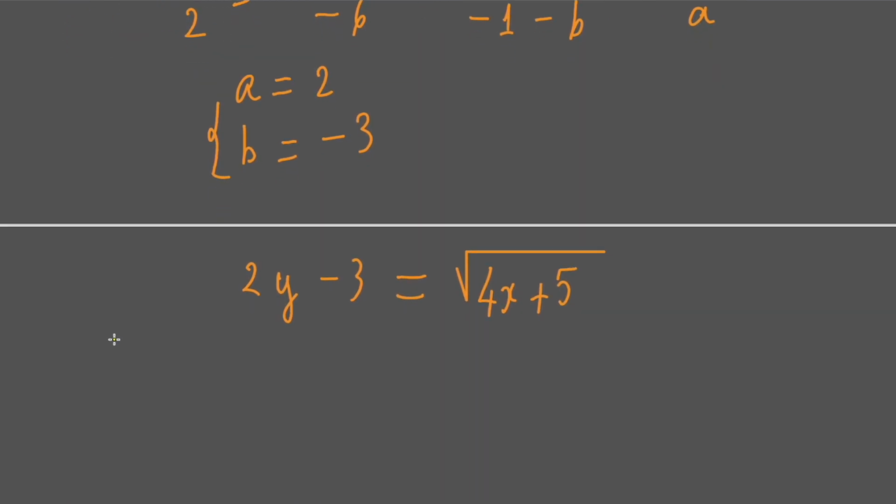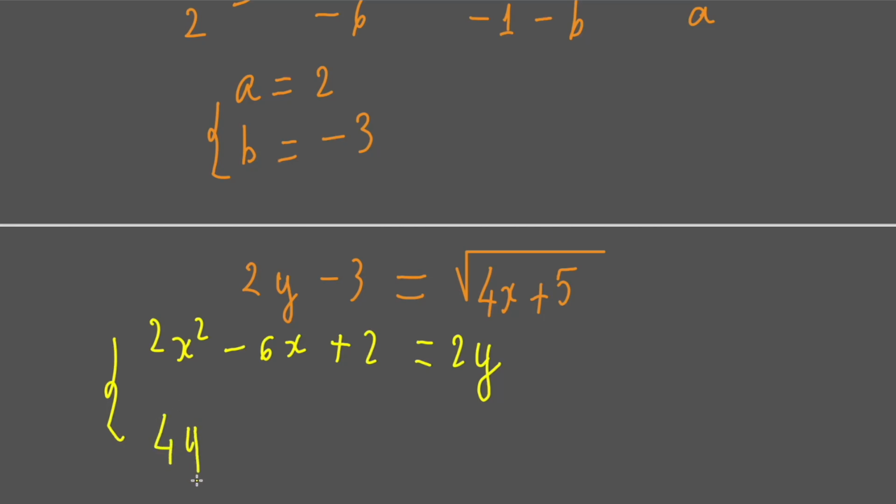We will have 2x squared minus 6x plus 2 equal to y, and 4y squared minus 12y plus 4 equal to 4x.